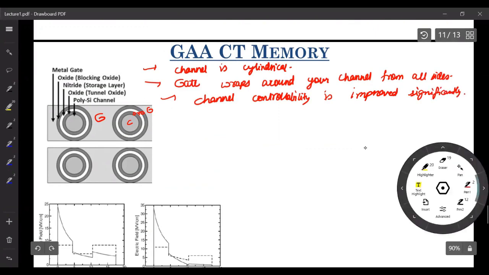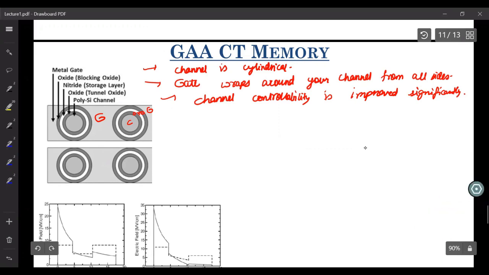So what this leads to is uniform electric fields, and hence even your VT distribution is tighter.